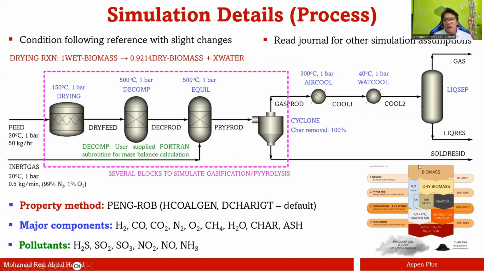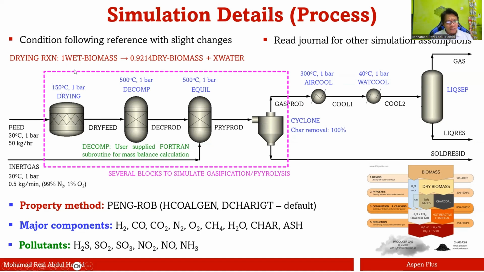I will simulate drying of biomass using a stoichiometric reactor with this reaction: one wet biomass is converted to 0.99214 dry biomass plus X water. I write X because I don't know the coefficient for water yet, but I know how to solve this, no issue whatsoever.